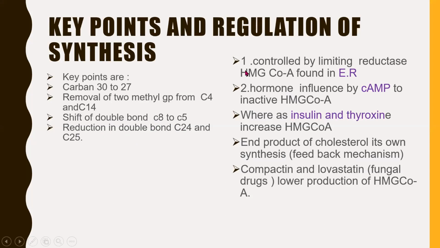Now, how is it being controlled? The limiting enzyme HMG-CoA reductase, found in the endoplasmic reticulum, is the main controlling factor of synthesis of cholesterol. A few hormones influence the activity of HMG coenzyme A reductase through the cyclic AMP process, whereas insulin and thyroxine also increase the synthesis of HMG coenzyme A reductase, and the result is an increase in cholesterol production.